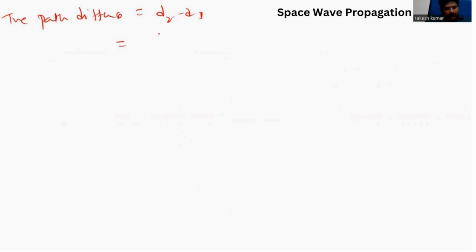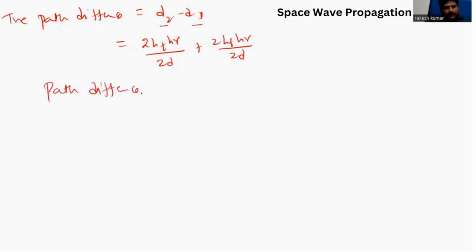If I substitute the values of D2 and D1, we get 4 HT HR by 2D. So path difference is equal to 4 HT HR by 2D. So this is the path difference.